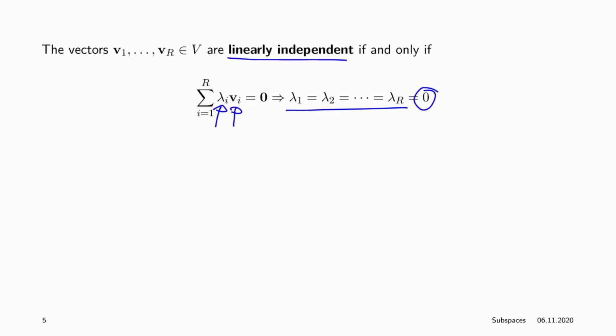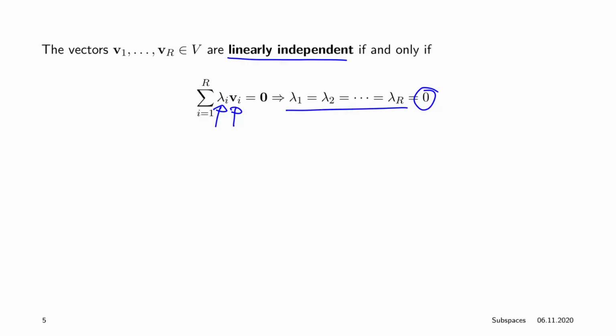Now, what linear independence also means is that we cannot take one of those vectors and represent it as a linear combination of all of the others. So if we move one of those over here, then it needs to be the case that still the lambda here is 0.